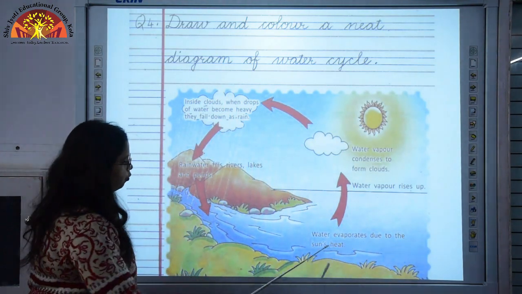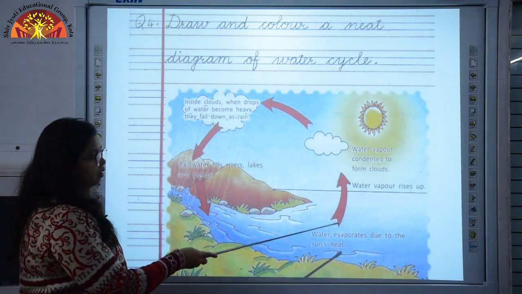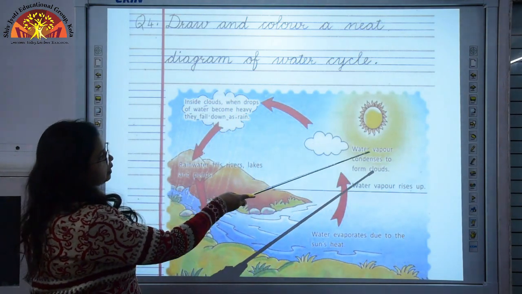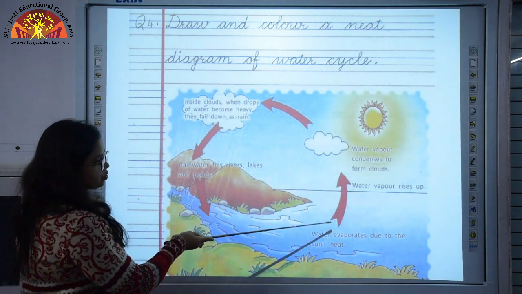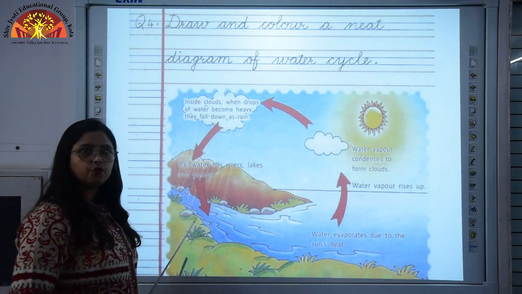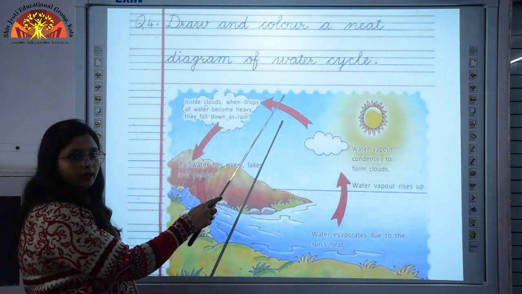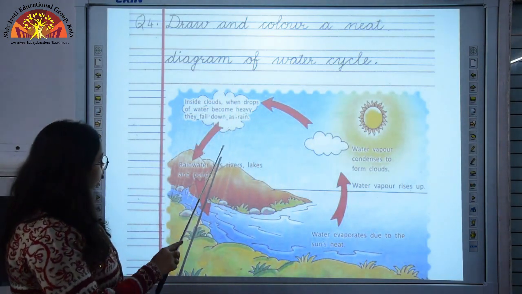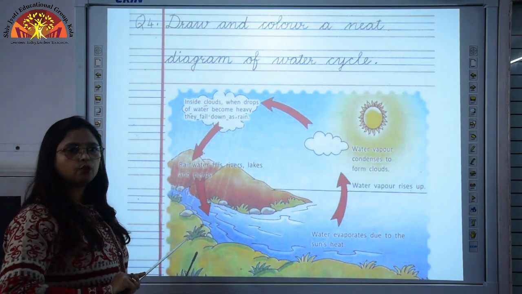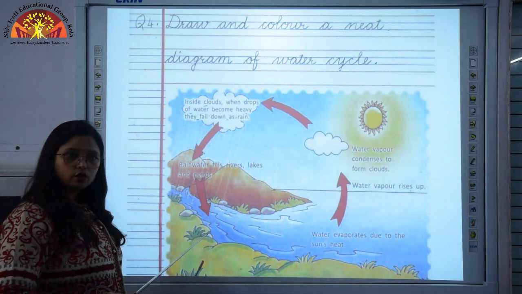First you have to draw a water body. Now water evaporates due to sun's heat. Then this water reaches to clouds. Water vapor condenses to form cloud when it rises up. So you have to draw these arrows also to show the movement of water from water bodies to the sky, that is clouds, and then you have to show here rainfall also, because water is returned back to the water bodies through rain, and you have to mark these arrows properly.